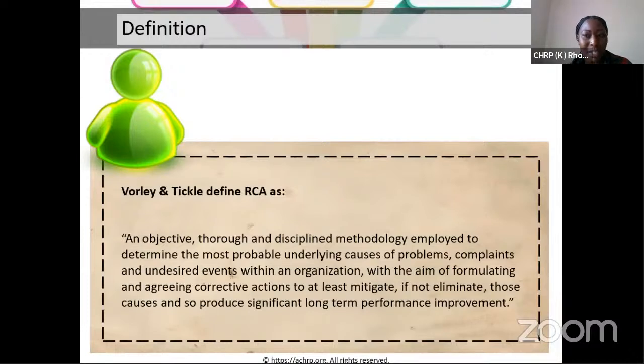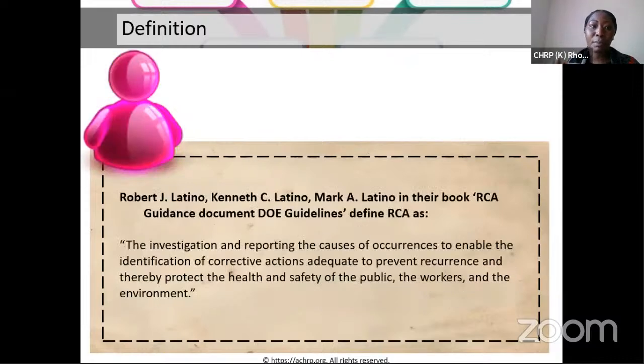If you cannot eliminate, at least you should be able to mitigate those causes, and so produce significant long-term performance improvement. What I like about him is that he said we are looking for the most probable. You cannot maybe fix it to the last 100% or zero. And we're also coming up with the most significant way of mitigating, if not eliminating, the problem.